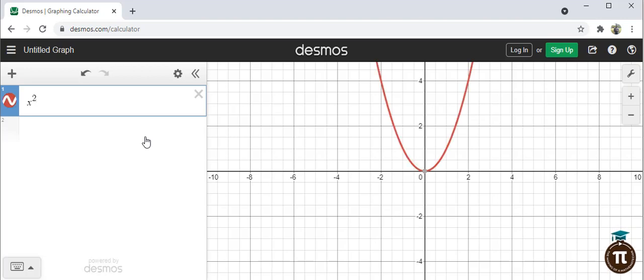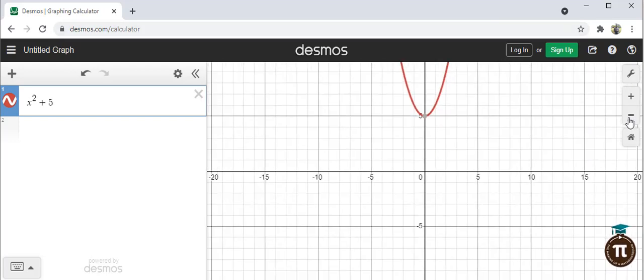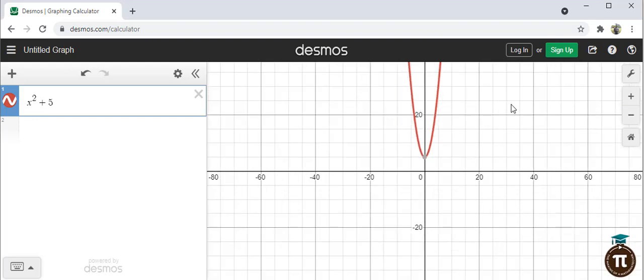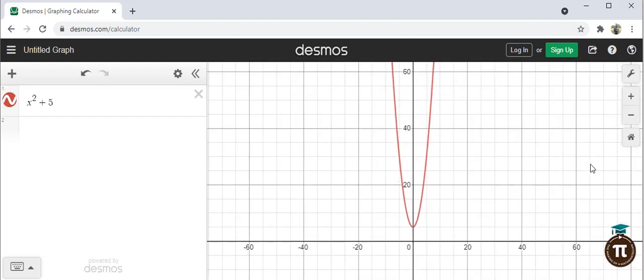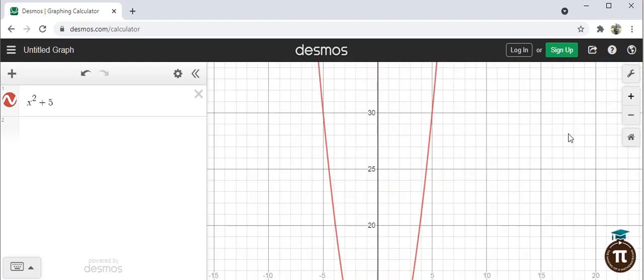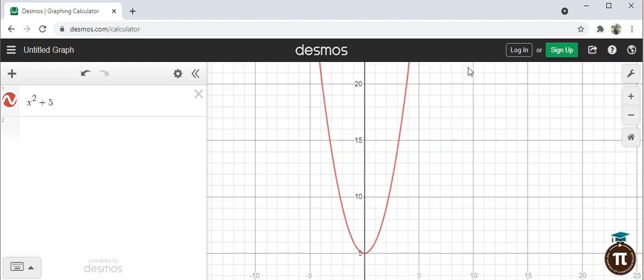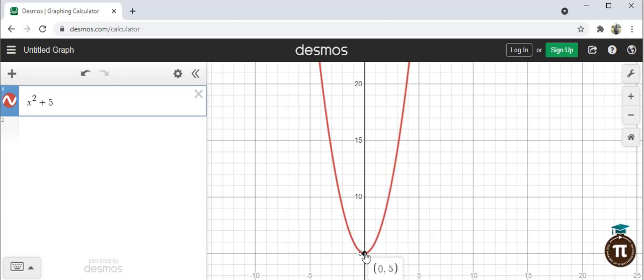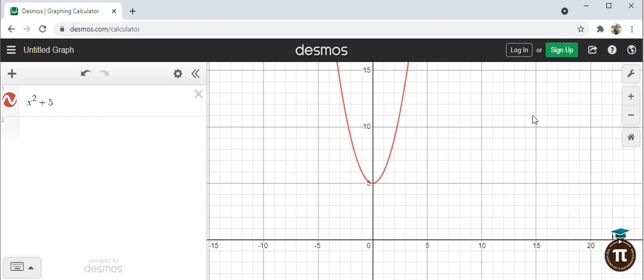You can see how the graph looks. You see that the lowest point on the graph is 5. That's on the y-axis, 5, and it goes up to infinity. That is the range of the function.